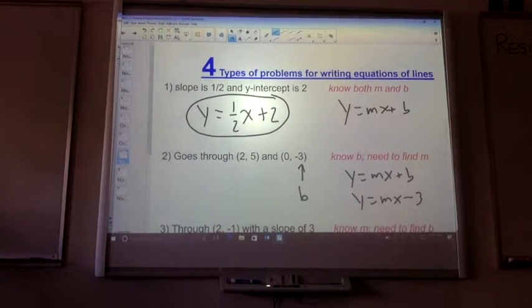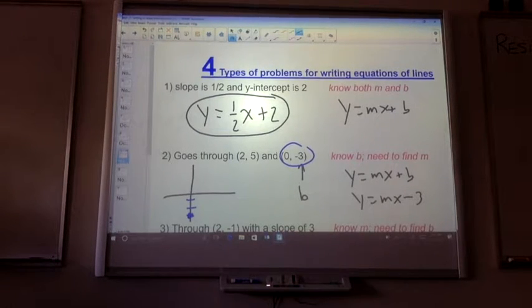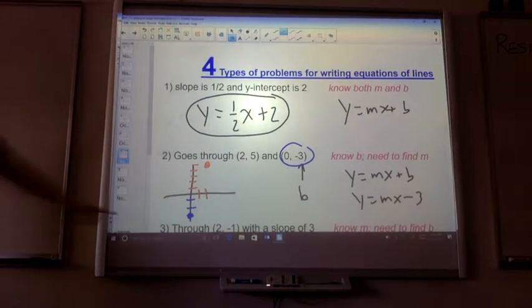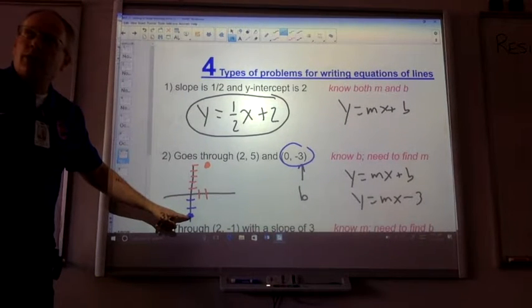Right? So then if you were to graph this scenario, let's do this one in blue, 0, -3 down here, and then 2, 5, right up here, agreed? So if we just count, we count up. Is up positive?